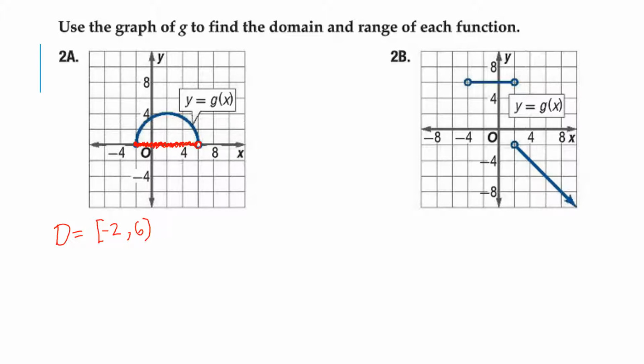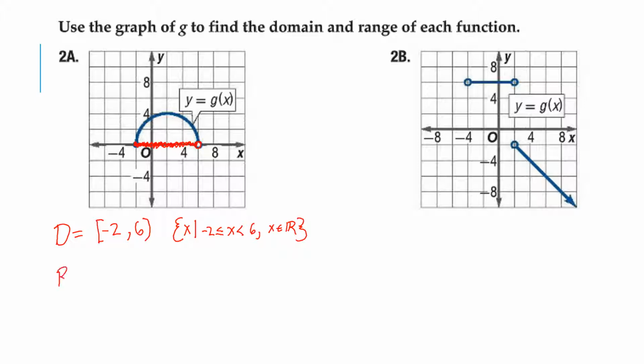In set builder notation, I would say x such that -2 is less than or equal to x, and x is strictly less than 6, and x is an element of the real numbers. That's the set builder notation.